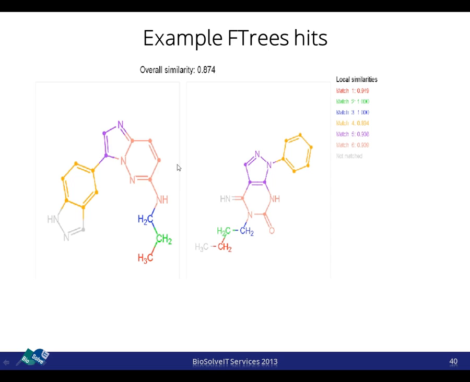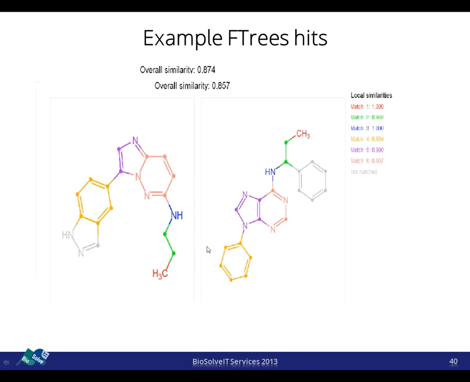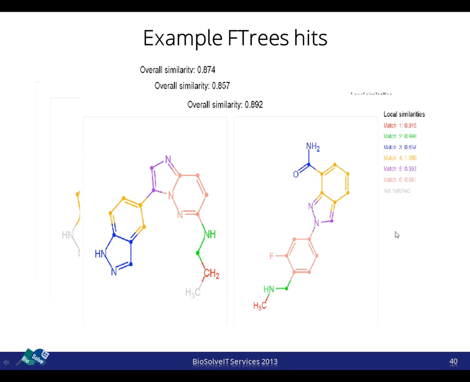And so you can see that what you start doing is picking out hits which have similar chemical features, but which are maybe connected in slightly different ways, or the nitrogen atoms in the rings might be slightly different. So very useful for scaffold hopping. And this is perhaps one of the best examples here.